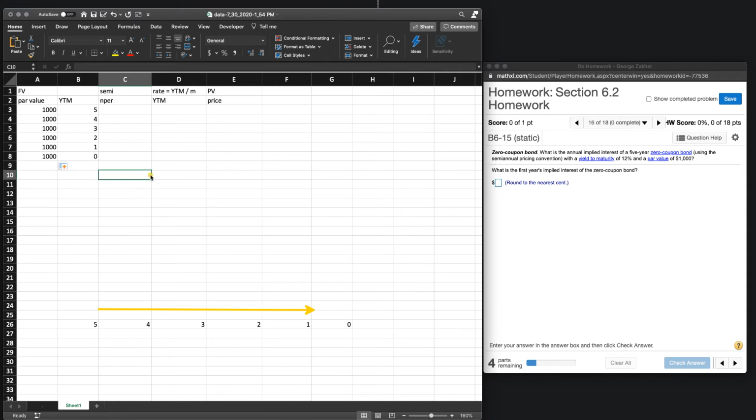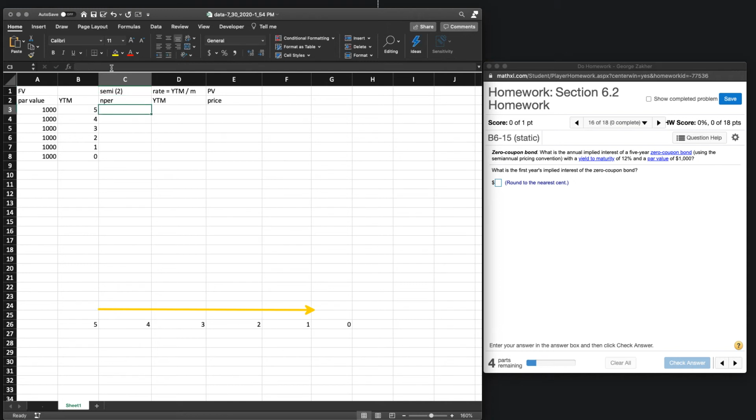Now, in terms of the number of actual periods, even though we're not paying out, we still need to understand the number of periods. So this is a semi-annual pricing convention, okay? So we need to convert that into semi-annual. So again, if you remember, semi-annual means there are 2 periods in that yearly timeline, okay?